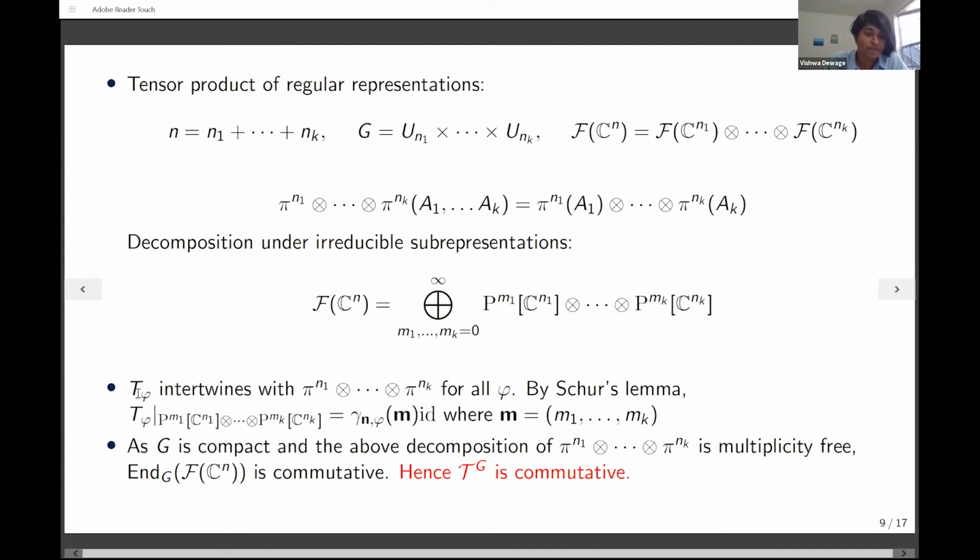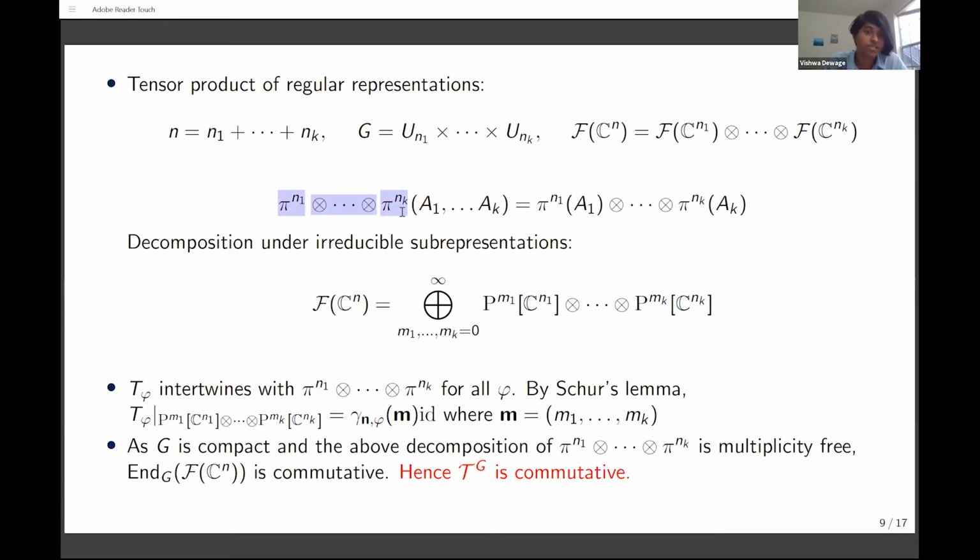Now we also have that the quasi-radial Toeplitz operators intertwine with the representation for all quasi-radial symbols. So by Schur's lemma, the Toeplitz operator acts as a constant times identity on the invariant subspaces. Now also the decomposition of the representation into irreducible subrepresentations is multiplicity free.